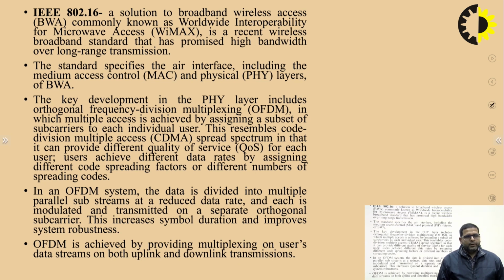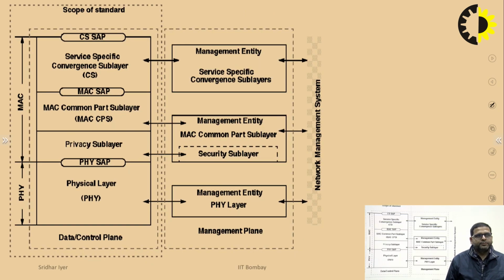In an OFDM system, the data is divided into multiple parallel substreams at a reduced data rate and each is modulated and transmitted on a separate orthogonal subcarrier. This increases symbol duration and improves system robustness. OFDM is achieved by providing multiplexing on users' data streams on both uplink and downlink transmission.